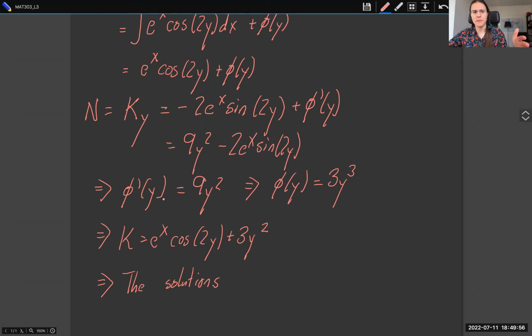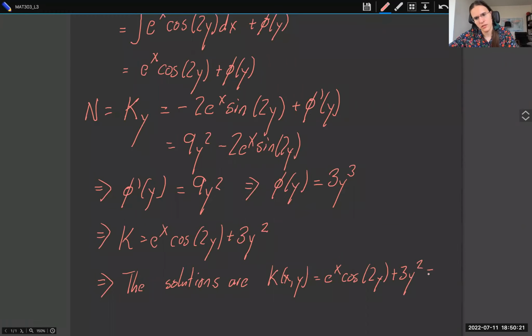We didn't care about constants because we just wanted to find some K, and then it's going to be the level curves of K. So K(x,y) equals C. In particular, the actual solution is this. So this is what you write down as your final solution. And so this is how you solve exact differential equations.